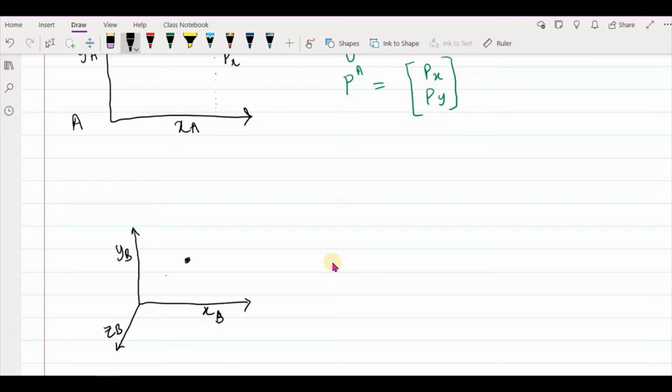So we shall see what projection it makes on the corresponding axes, and then we can say that this was a point P, and this is Px, this is Py, and this is Pz.